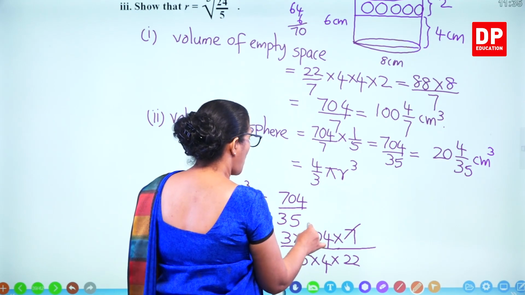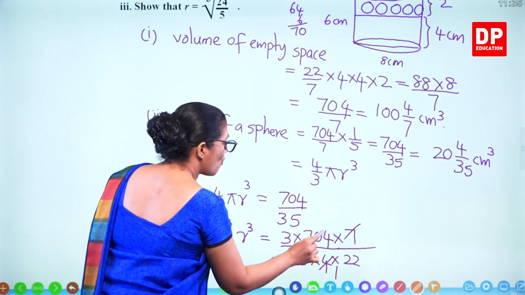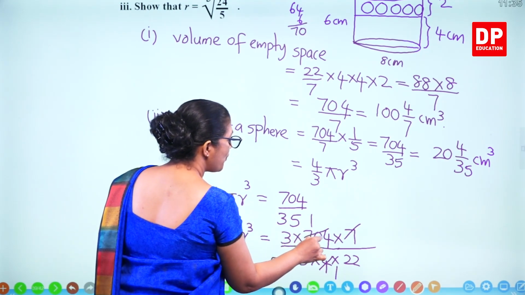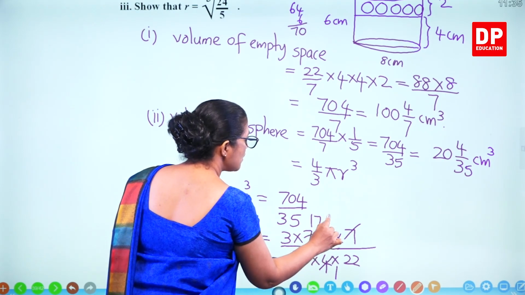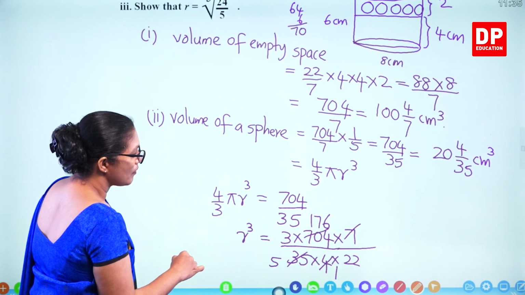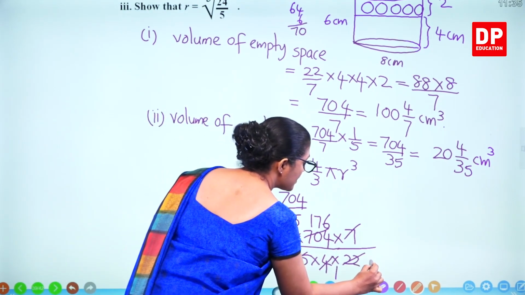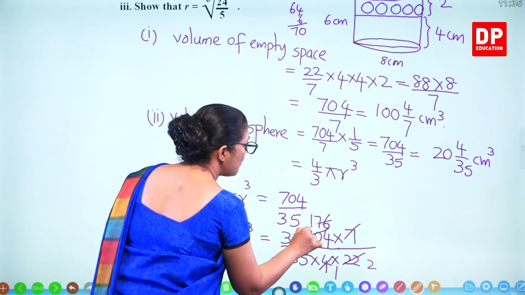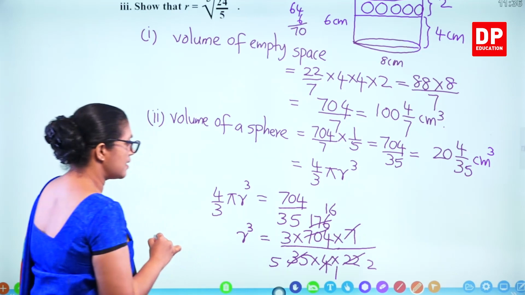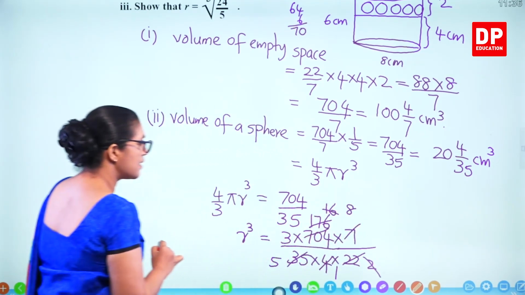4 times 1, 4, 37. Yeah, you can divide by 4. 1, 4 times 1, 4, 30, that's 7, 24, that's 6. Then we can divide by 11. 11 times 2, 11 times 1, 11, 66, that's 16. And 8, 2 times 8, 16.